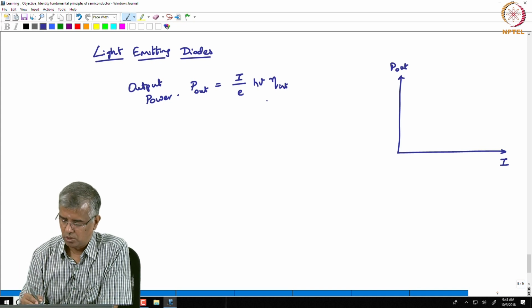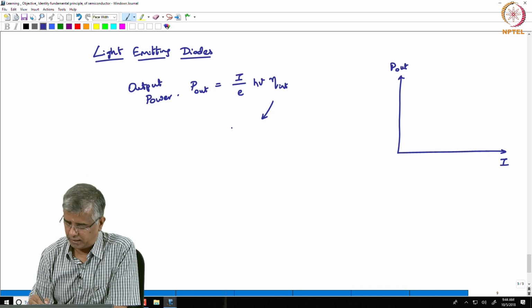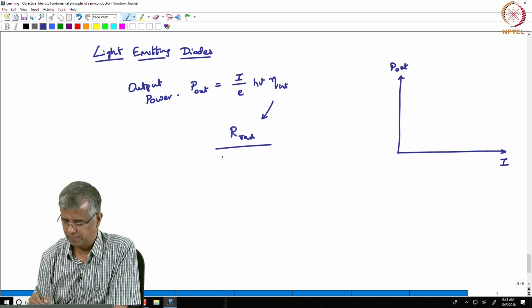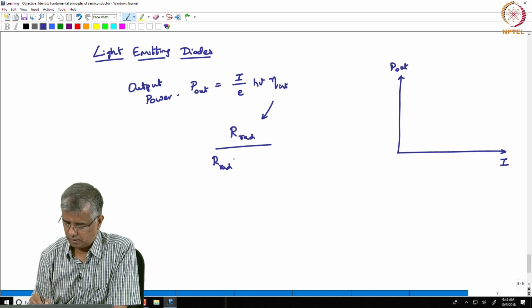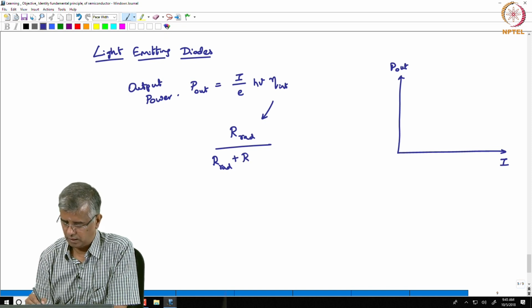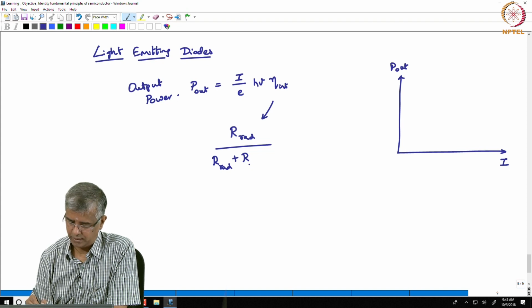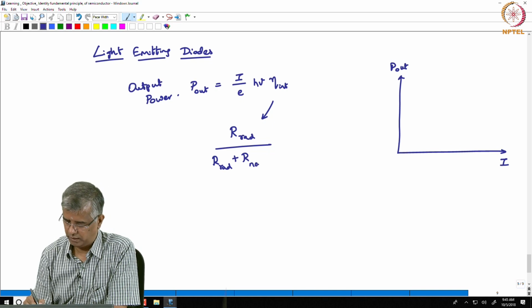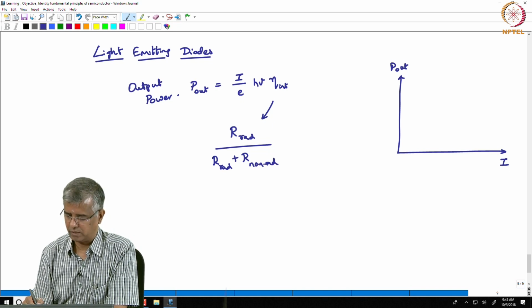those electrons. So eta int can be defined as the total radiative emission rate over the overall rate at which the carriers are lost.